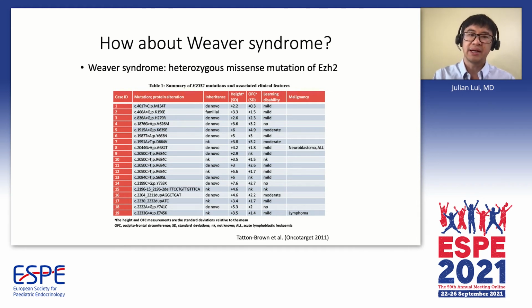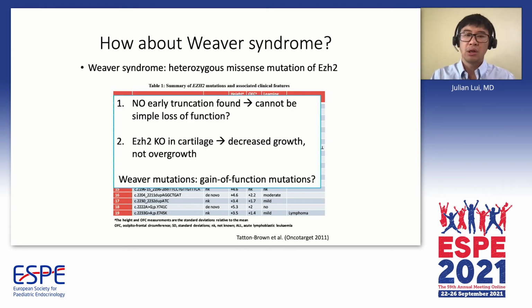One hint is that Weaver syndrome is caused by heterozygous missense mutation of EZH2, but rarely do you find that these mutations are early truncating mutations or frame shift mutations, suggesting that Weaver syndrome cannot be caused by a simple loss of function of EZH2. And that's supported also by our mouse models because the loss of EZH2 activity doesn't give you overgrowth. It leads to decreased growth in the growth plate.